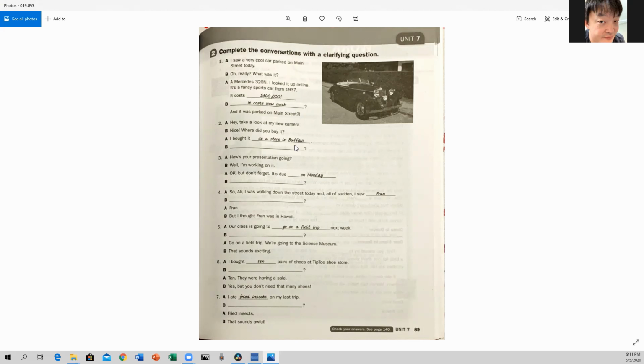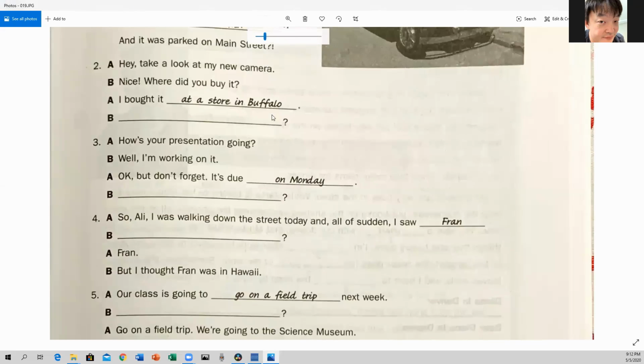Or you can just follow along with the correction. Let's do it together. Let me make it bigger for us.